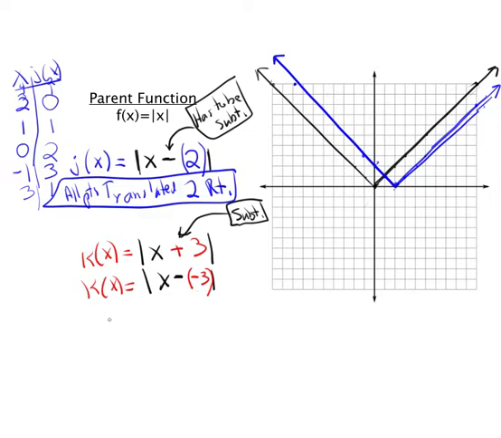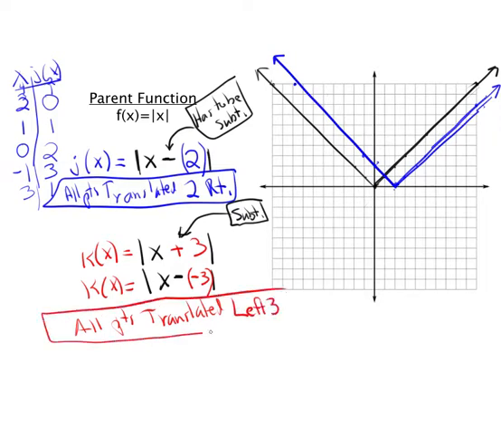So all the points are being translated left 3. That's the description. So now if we take all of our points, we're going to translate them 3 to the left.